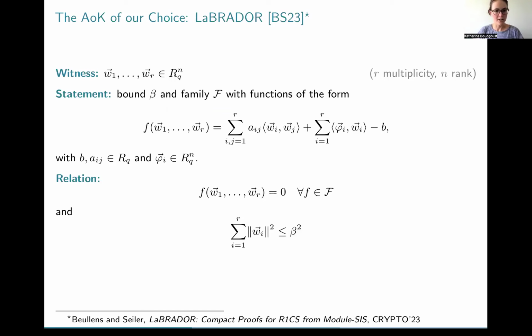So what does the language look like that Labrador supports natively? Well, a witness will be a set of vectors over some ring, and we can have up to r vectors, each of dimension n. We call that the multiplicity or rank. And our statement will be a norm bound beta and a family F of functions, where every function is a linear combination of inner products between two witnesses.